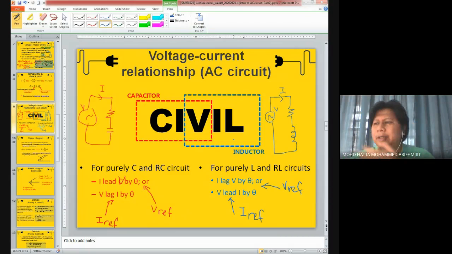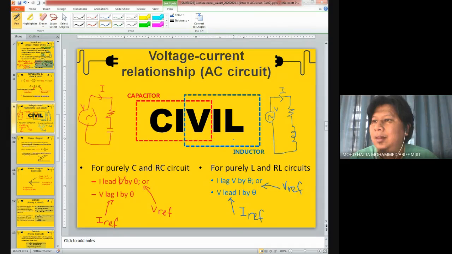This is something that I learned during my undergraduate time, which is not in your textbook. Maybe I don't know about you, but for me this is the way I understand the relationship of voltage and current, as well as how I check my answer, whether it's correct or wrong, because I know my answer should follow this kind of voltage-current relationship.